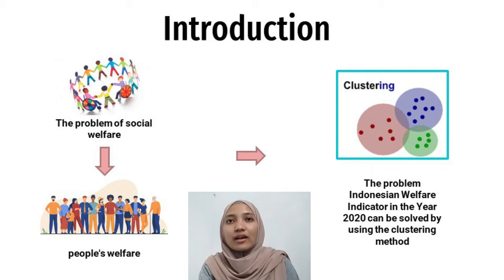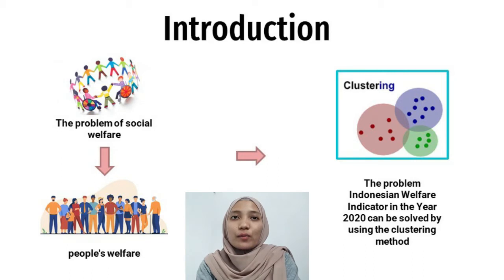So in terms of making policies regarding people's welfare, it is difficult to take and decide. One of the information that can facilitate the making of these policies is the level of welfare of the people of a region. This is not easy and simple to do because there are several indicators that can affect the level of people's welfare.